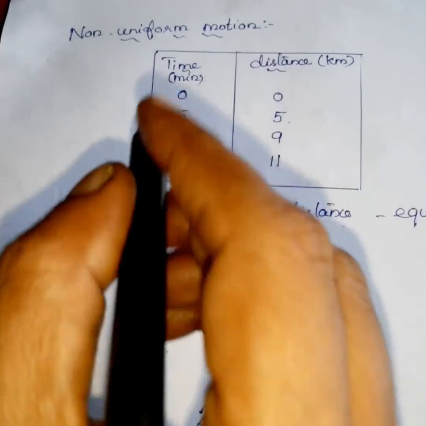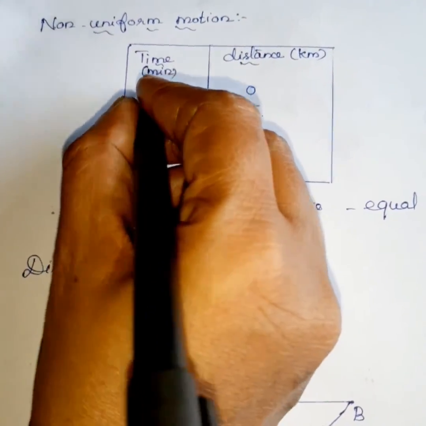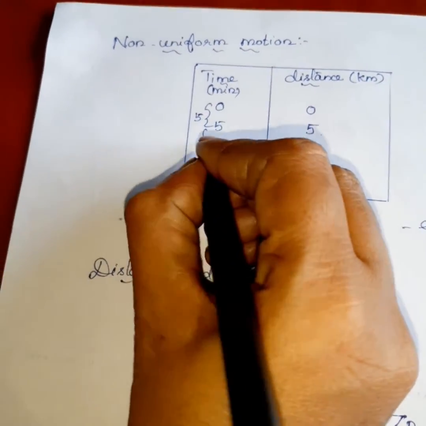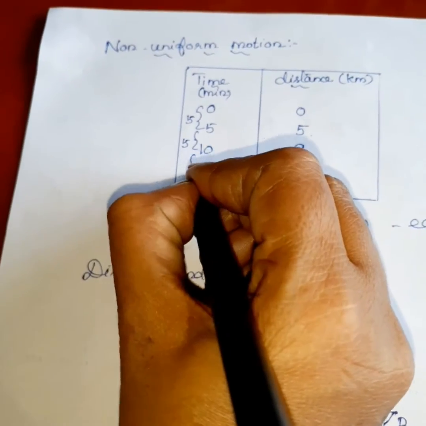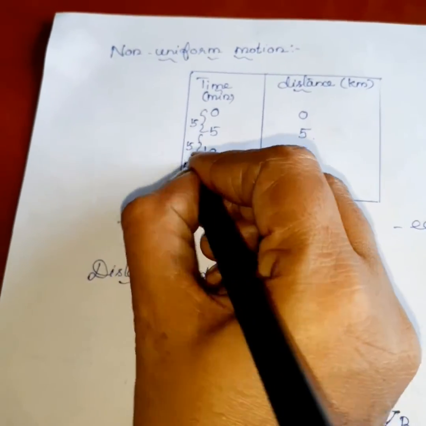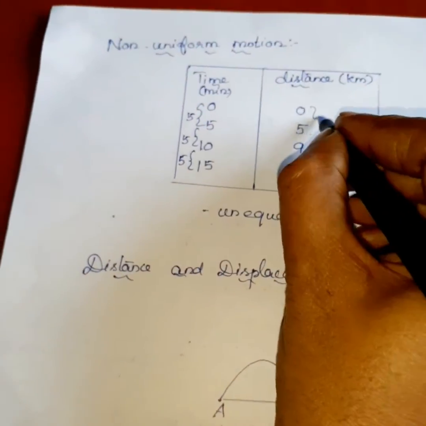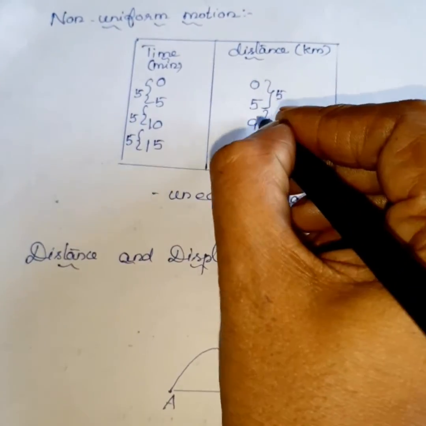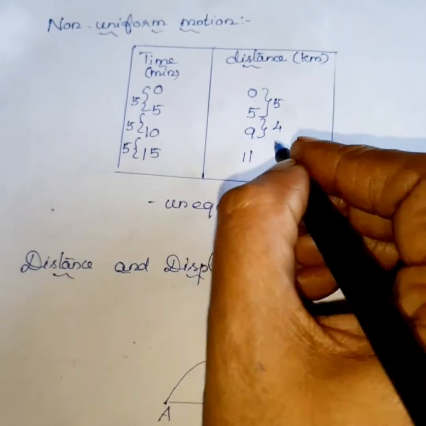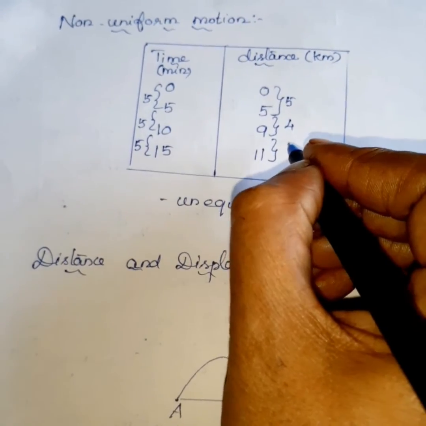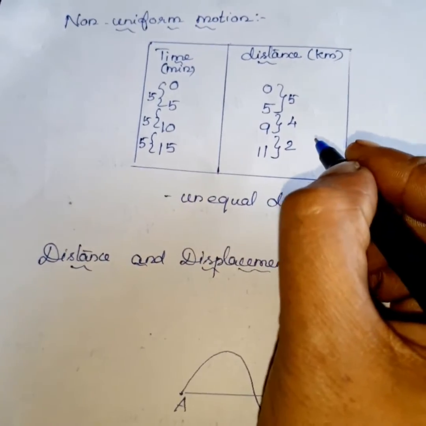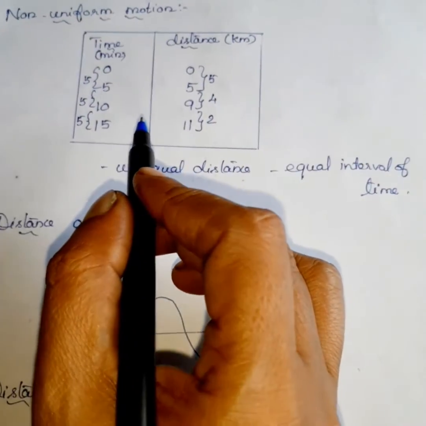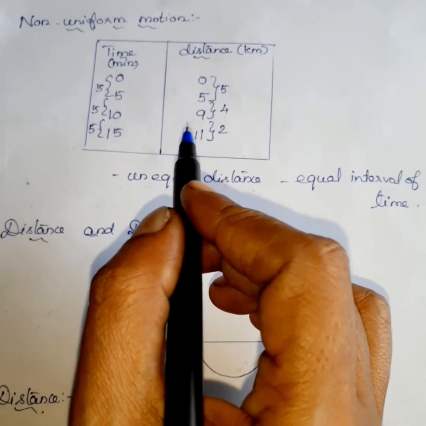Now listen. Time intervals: 5 minus 0 is 5, 10 minus 5 is 5, 15 minus 10 is 5. Distances: 5 minus 0 is 5, 9 minus 5 is 4, 11 minus 9 is 2. In each 5 minutes, the bus moves an unequal distance.